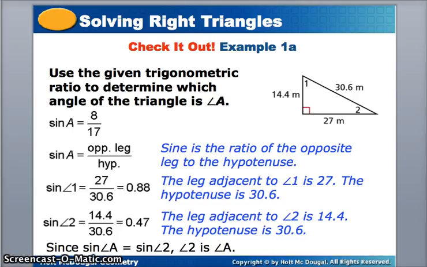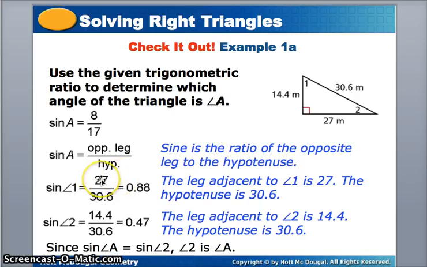So for our first one, we have sine of angle A is 8 over 17. Remember, sine is opposite over hypotenuse, so which one of these two sides, when put over 30.6, will give us 8 over 17? Now 8 over 17 is the same as 0.47 as a decimal.